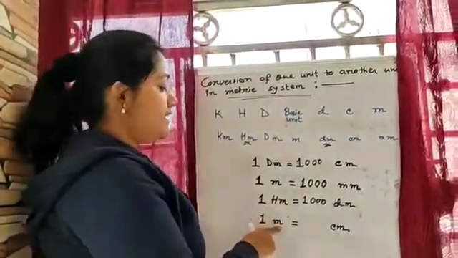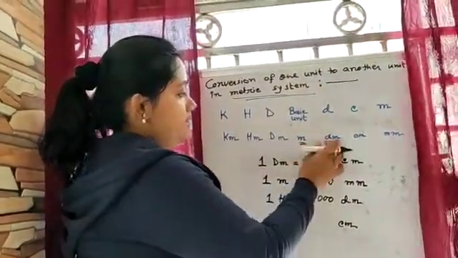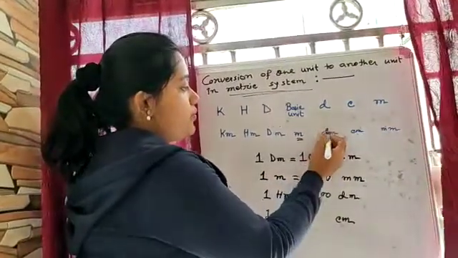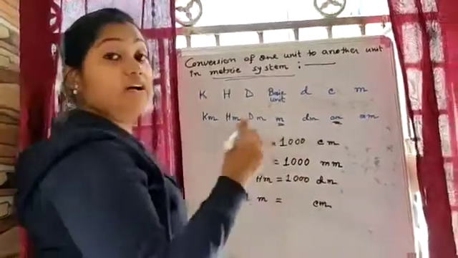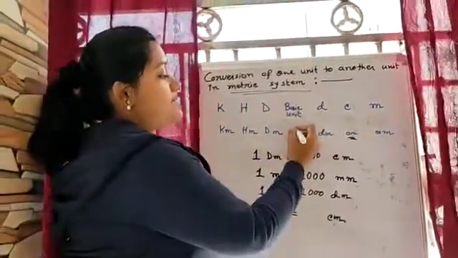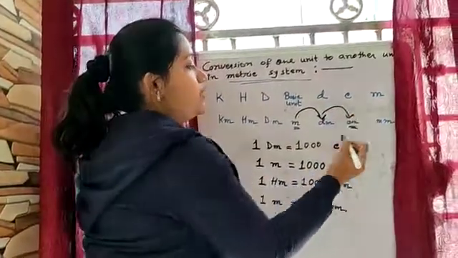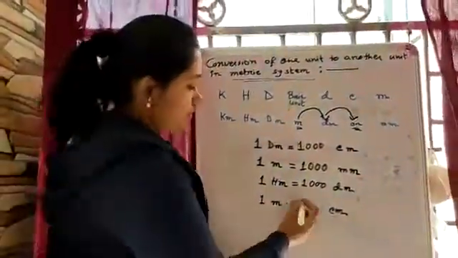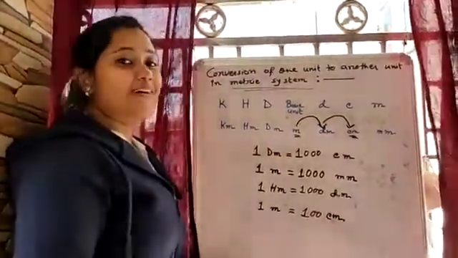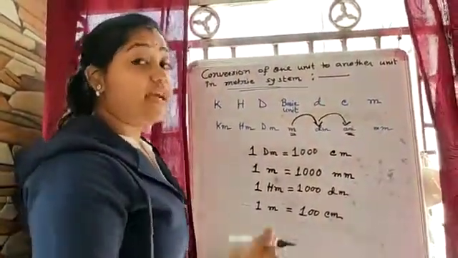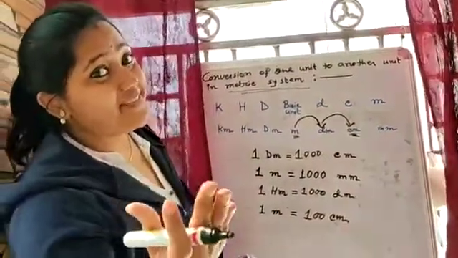Yes. Second thing you need to check: where am I standing? I am standing at meter. Where do I want to go? I want to go to centimeter. Now let us find out how many steps I am jumping. 1 step, 2 steps. So it will be 100. Now, those whose question I have not taken need to do it by themselves.